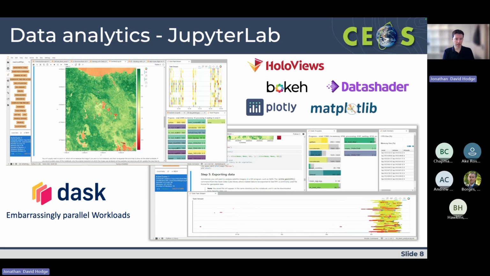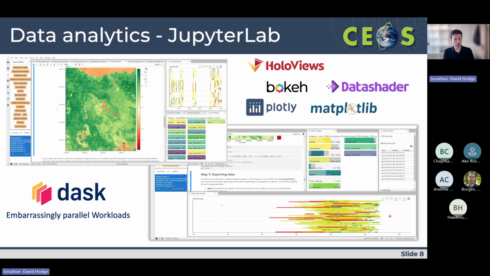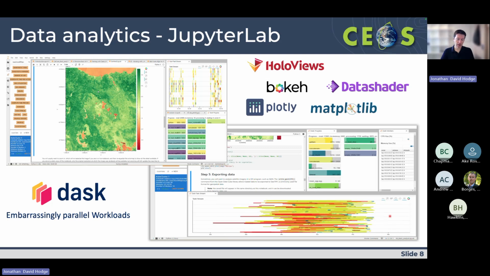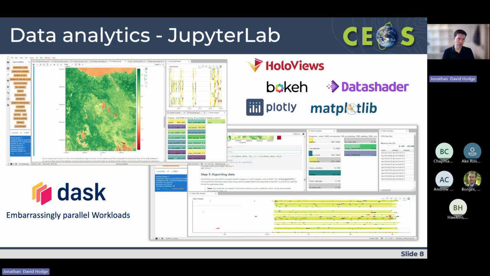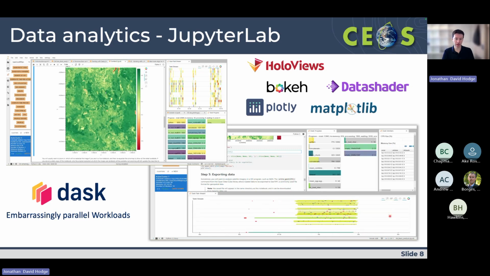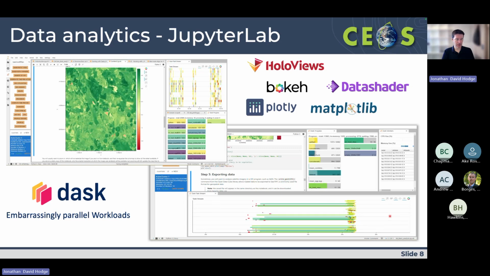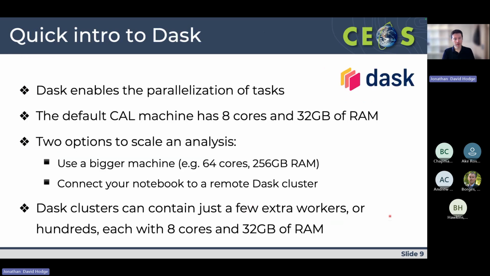And Dask is what lets us take code and parallelize code. Rather than having a very sequential, slow analysis system, Dask takes all of that and splits it up and lets us run code in a more parallel sense. And I'll talk a little bit more about that next.